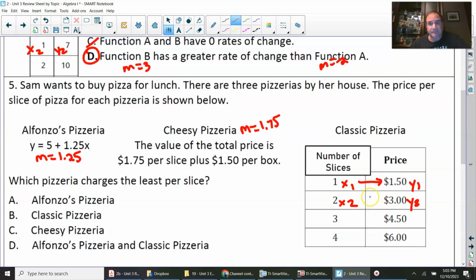That's the rate. All right. If they're all linear, obviously, if you do y2 minus y1, which is 300 minus 150 over 2 minus 1, it'll give you an m of 150. So which one charges least? Alfonso's. A is your answer.